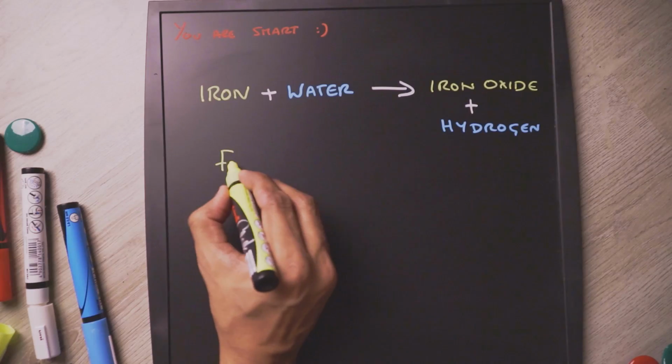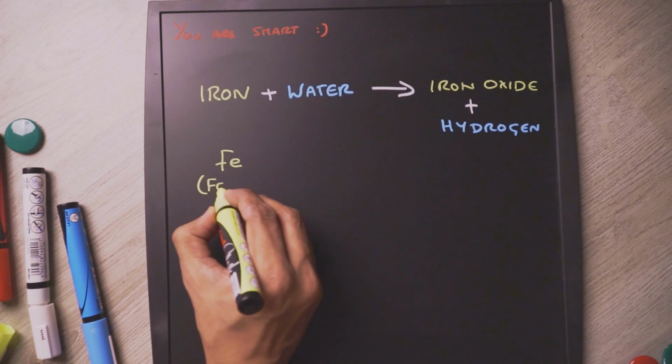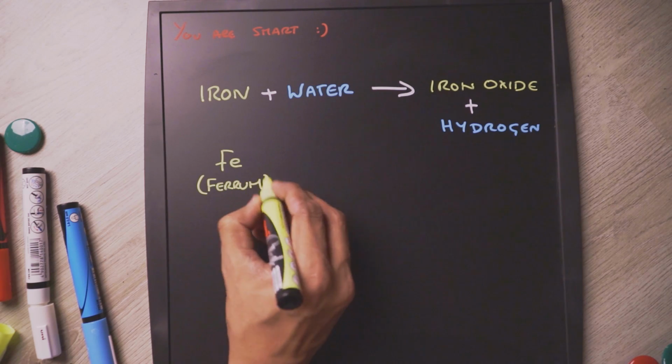Now let's write the chemical equation for this. What is iron? Iron is Fe. The reason iron is Fe is because the Latin name for iron is ferrum, and we took the first two letters of it and called it Fe. Water, no points for guessing what water is.